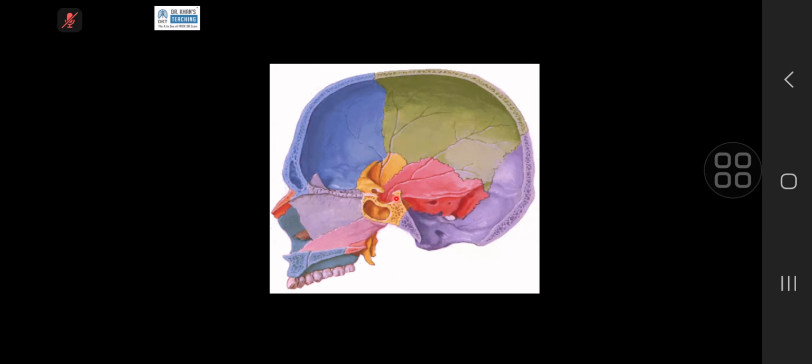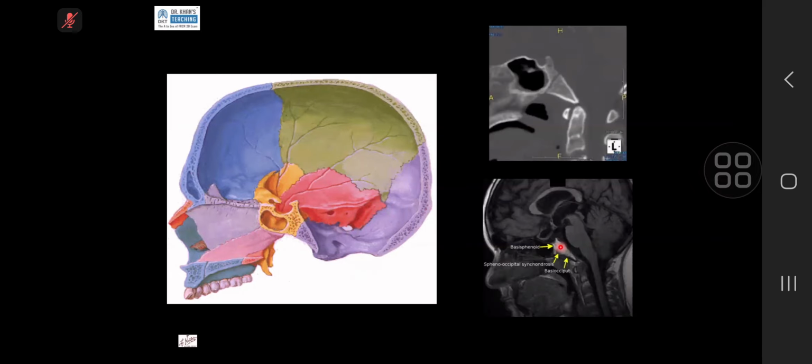A portion of it is the sphenoid bone, a portion of it is the occipital bone, and in a growing skeleton there is a synchondrosis in between. And I've seen junior trainees confusing it with a fracture, particularly when you are on call, trauma cases, and people have reported it as a fracture.